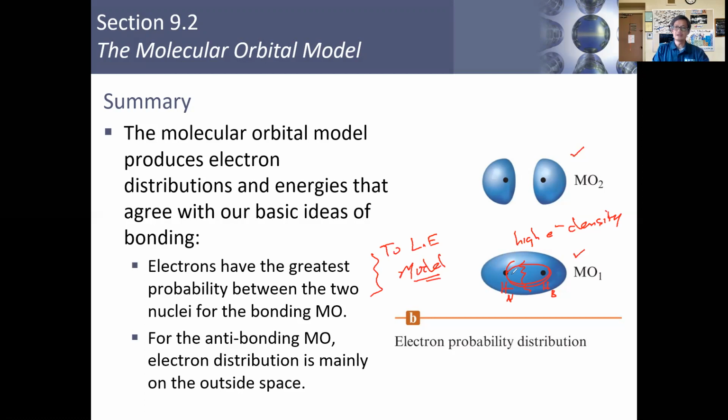And here we have it. If the electrons fall into the bonding molecular orbital, we find that the electron density is going to be greatest between the two atoms, which corresponds to the localized electron model and what it predicted. Okay, all right.